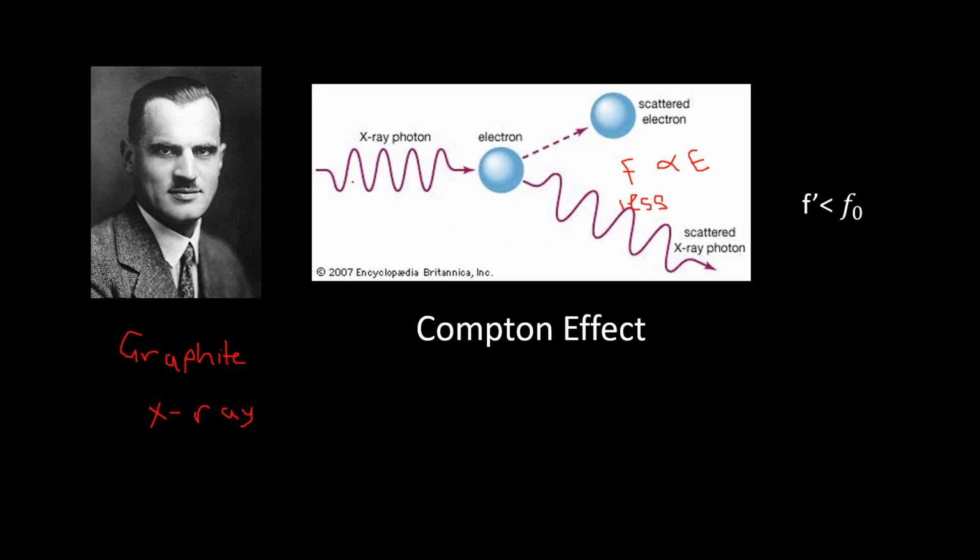Now, to understand this, we would see that the energy of the X-ray photon was mostly given to the scattered electron, and only a small amount remained in the scattered X-ray photon. This means that energy is conserved, and when energy is conserved, momentum is conserved. So, X-ray photons have momentum.